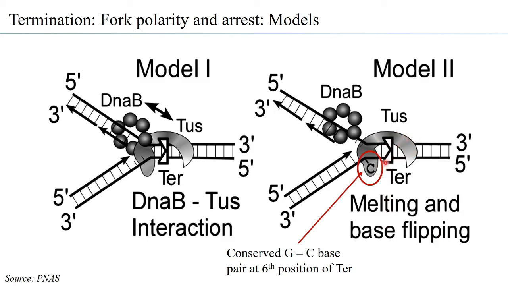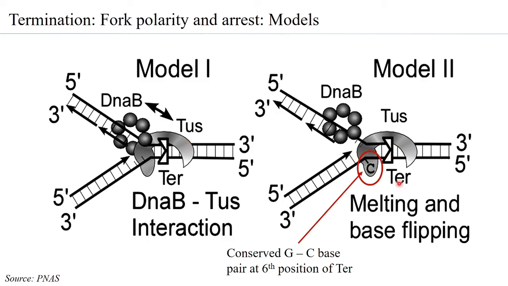And because the association is very strong and the flipped base is bound to the TUS, further unwinding is stopped. So even if the DnaB has its helicase activity, it is not able to unwind because of the barrier that is formed due to the TUS binding to the C. So therefore, as a barrier, the TUS is not allowing the DnaB to move forward, and therefore the fork is arrested at this point.